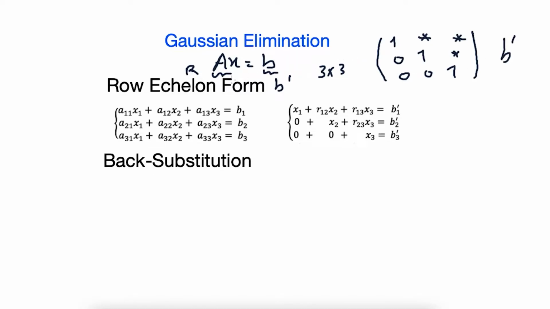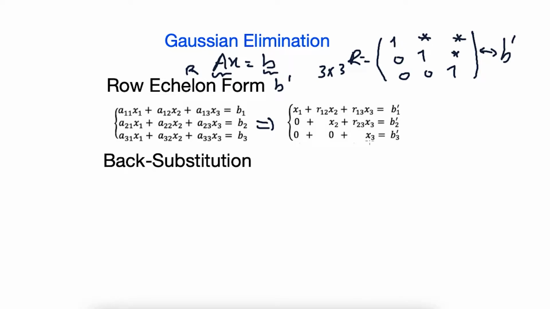Each operation we do on the matrix A to get the matrix R, we must also do on the matrix B to get the corresponding matrix B prime. Once we get the row echelon form matrix, we get the new form of the linear system, and then we can do the back substitution to get the values of the unknowns.